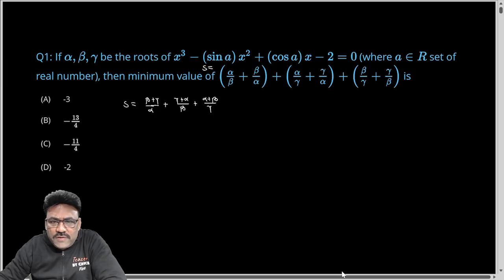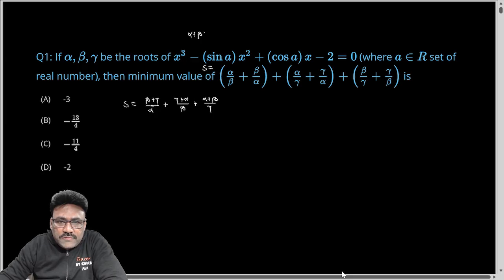Now you can see that alpha, beta, gamma are the roots of this cubic. So alpha plus beta plus gamma is equal to sine A. Just substitute the values here. Beta plus gamma can be written as sine A minus alpha over alpha.